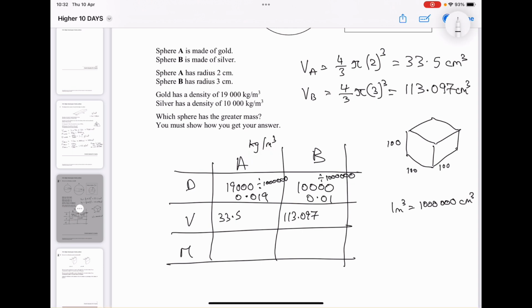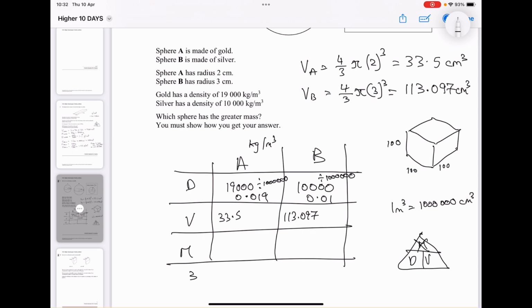Okay, so that's per centimetre cubed. We're still in kilograms. Density is mass over volume, so to get the mass, I just times them together.